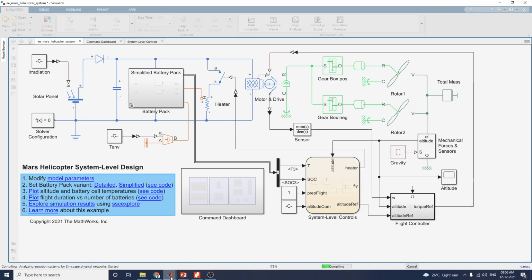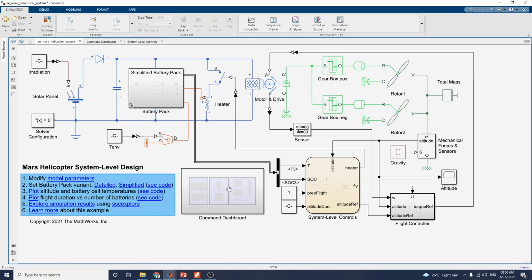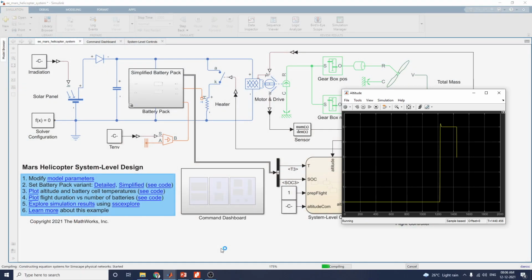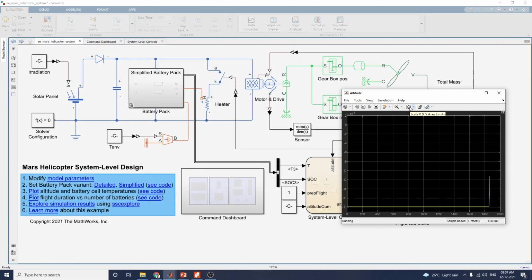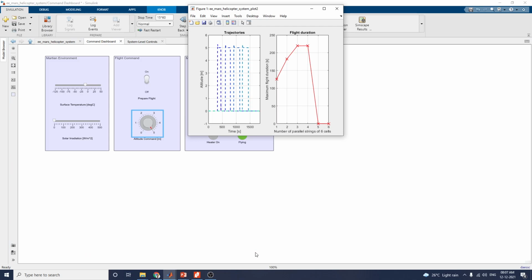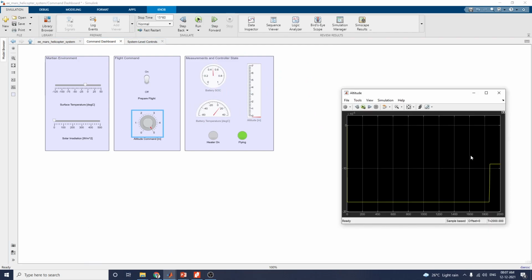Similarly with the dashboard, compiling is going on. This helicopter statistics are shown. This also shows the time flying value. This is for a single battery, simplified single battery view.